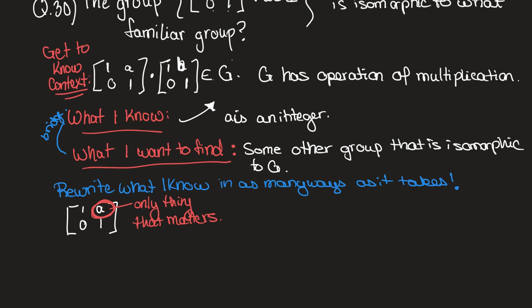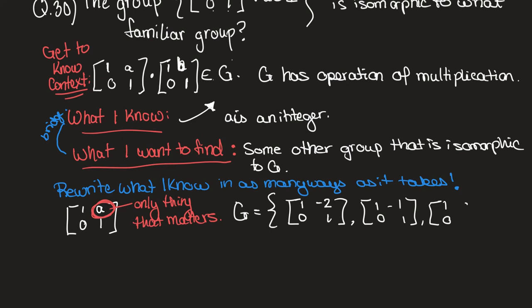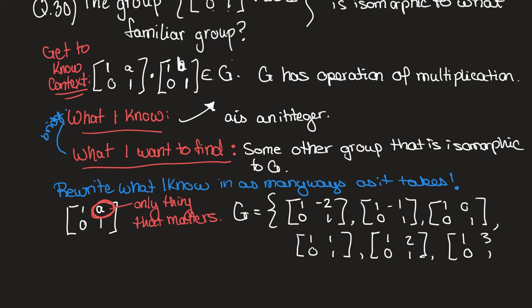I guess I can start to write out elements of G. So G is equal to things like [1, 0; -2, 1], [1, 0; -1, 1], [1, 0; 0, 1], [1, 0; 1, 1], [1, 0; 2, 1], [1, 0; 3, 1].